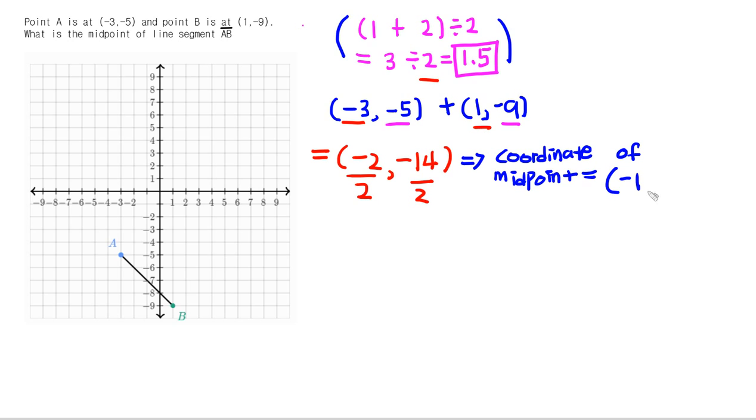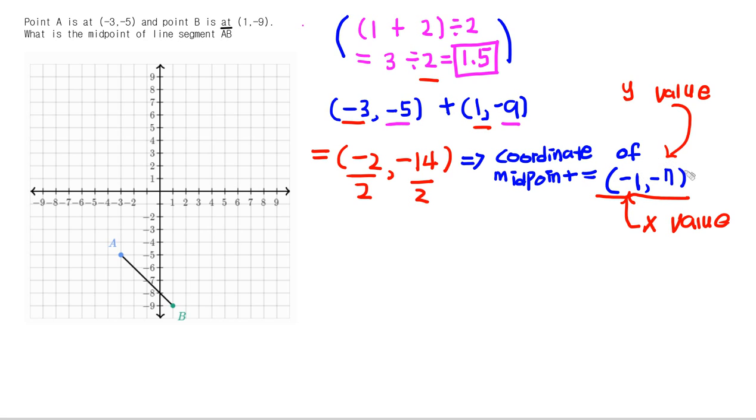And for the y value, -14 divided by 2 is -7, and this is the y value. And we are done with finding the coordinates of the midpoint. Right over here it is (-1, -7).